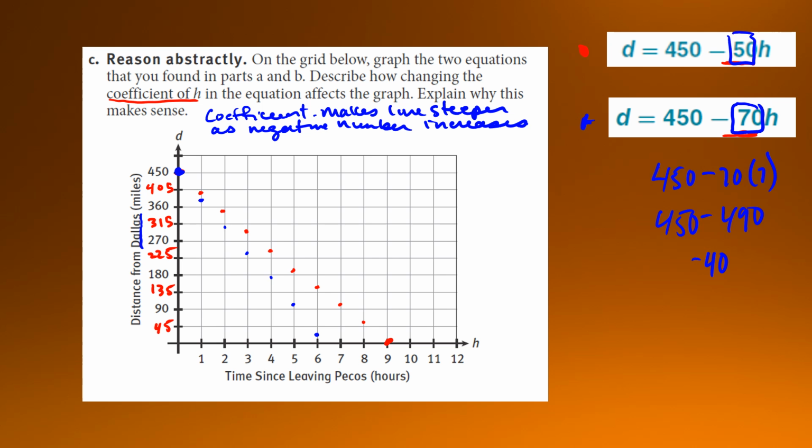And that makes sense because the coefficient of h is the slope, so it should affect steepness.